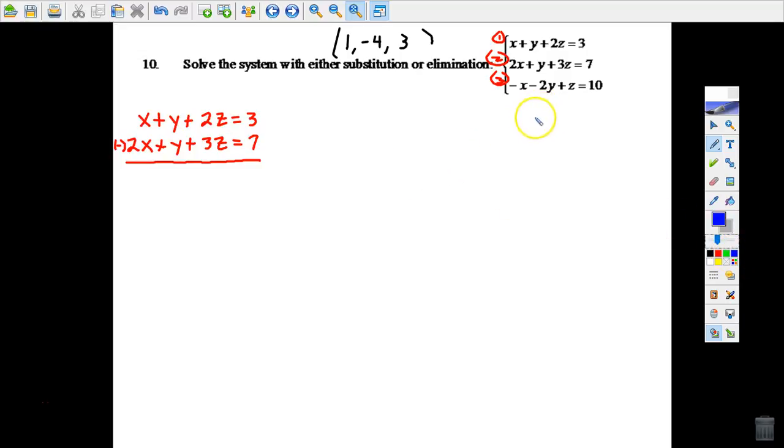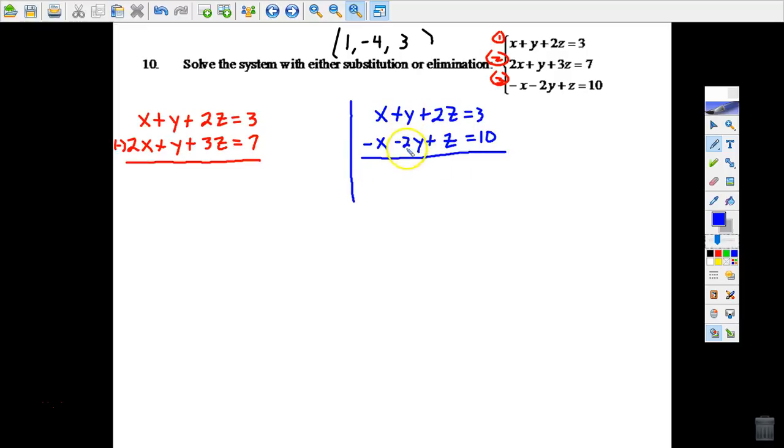Okay, and now it really doesn't matter which way I go. I think I'm going to pair up 1 and 3. The first one and the last one. And again, I'm trying to eliminate y.